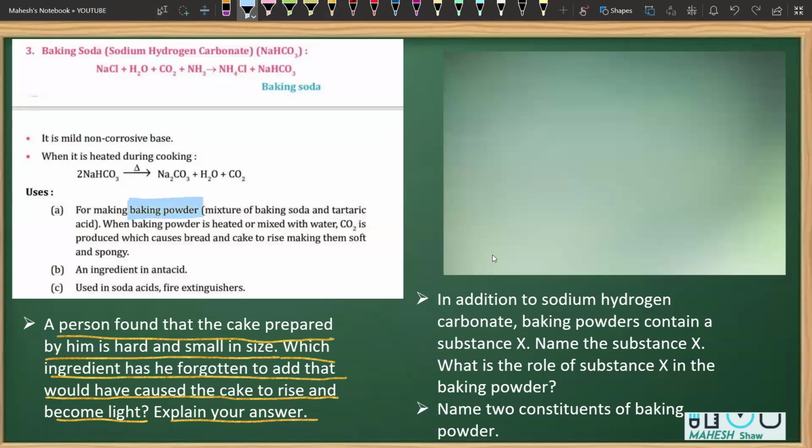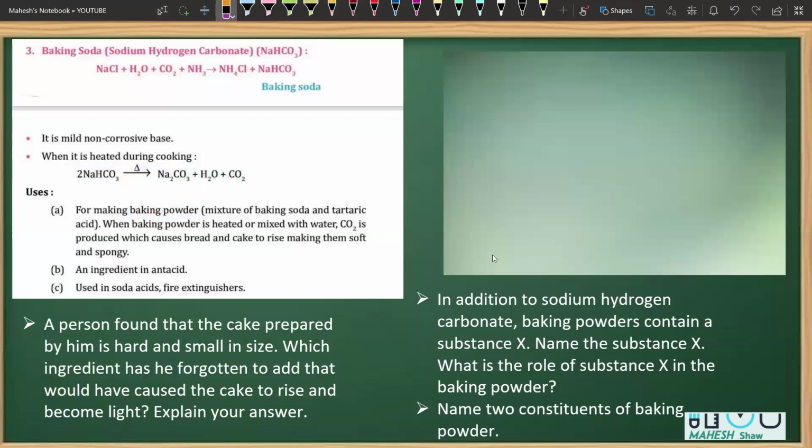For the explanation, you should write down the reaction first and say that when baking powder is heated, it gives rise to carbon dioxide. The carbon dioxide escapes from the dough, making the dough rise, and therefore the cake rises and becomes light and fluffy. So he must have forgotten to add baking soda, or baking powder is better.